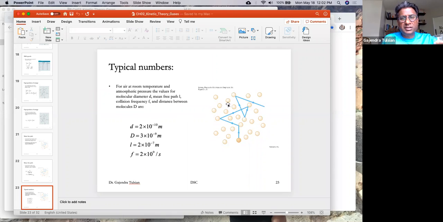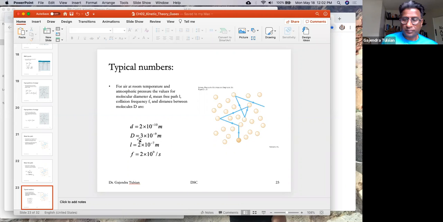D is the average distance between molecules, and you can see that the distance is about 15 times the size of the molecule. The mean free path is 100 times the distance between the molecules.